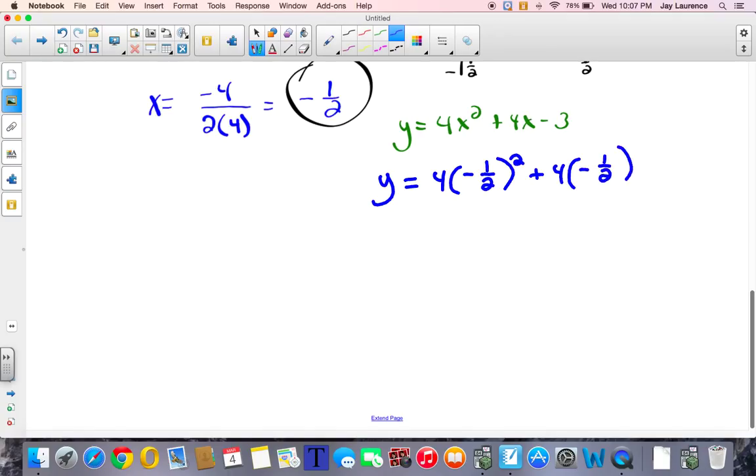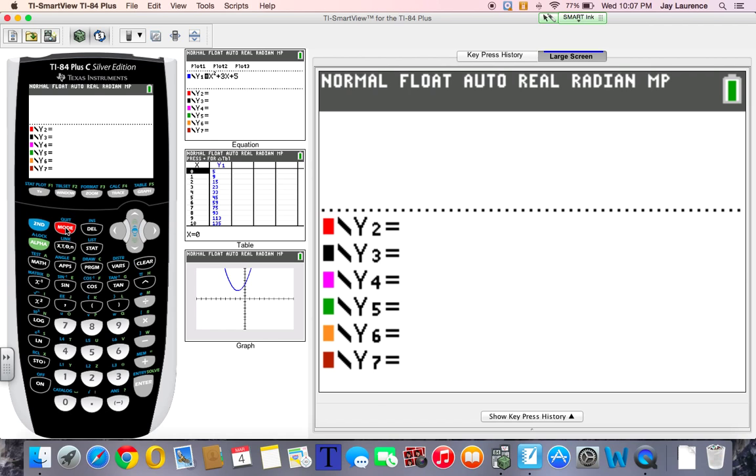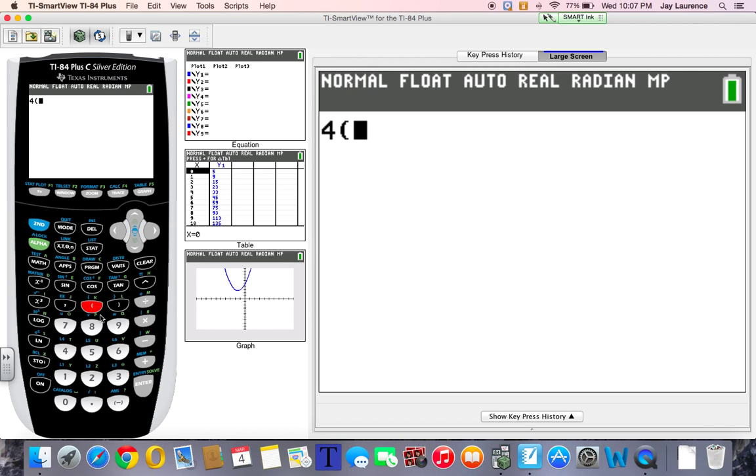Now, okay to go to the graphing calculator to help me do this. Long problem, lots of work. No problem getting the graphing calculator. Let me clear that out. I'll just use decimals because it's easier. 4 times negative 0.5 squared, plus 4 times negative 0.5, minus 3.